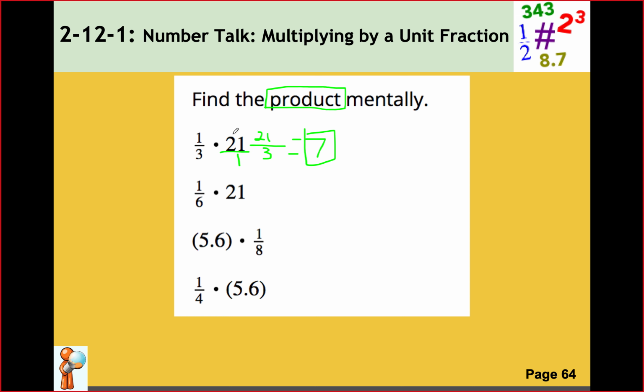You could also look at it and go, okay, I know it's going to be 21 divided by 3 because that's a number over 1. So using that same method, what is 1/6 times 21?